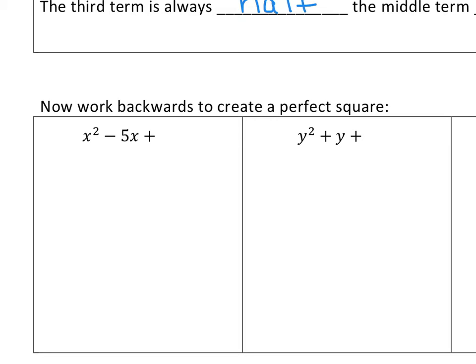So we've got x squared minus 5x plus. How do we make this into a perfect square? So we've got something here we want to add to make this a perfect square, and whatever it is going to equal the square of a binomial. So half of negative 5 is negative 5/2, so that's what goes in here.